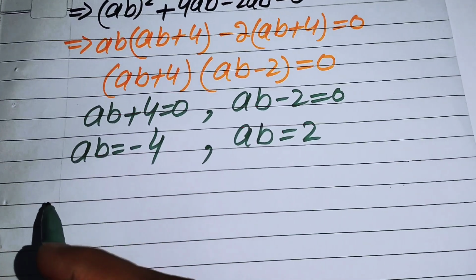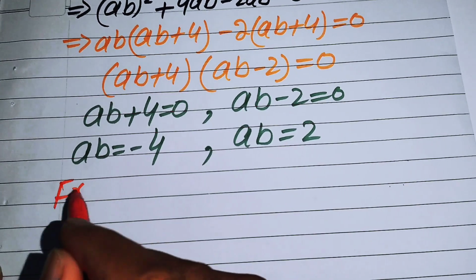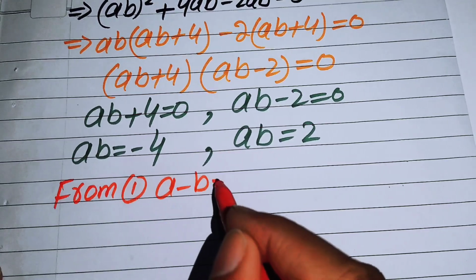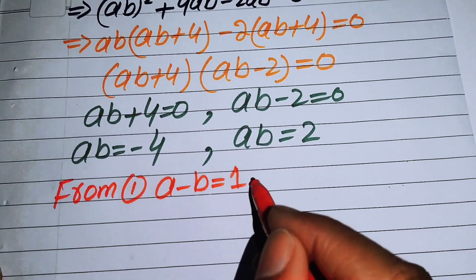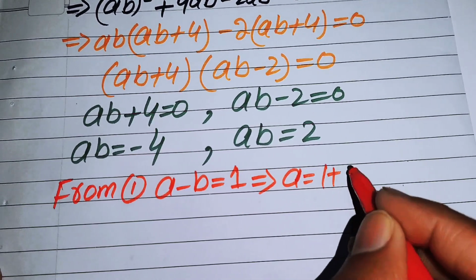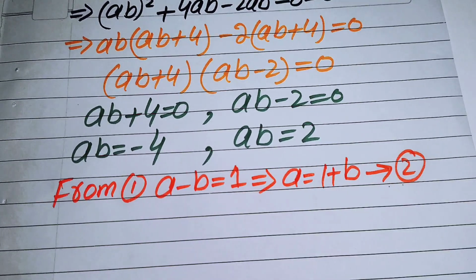So now here we will again use the equation number 1. So here I can write from equation number 1, and our equation number 1 will be a minus b equals to 1. So here you find the value of a, which is equals to 1 plus b, and I can name this as equation number 2.